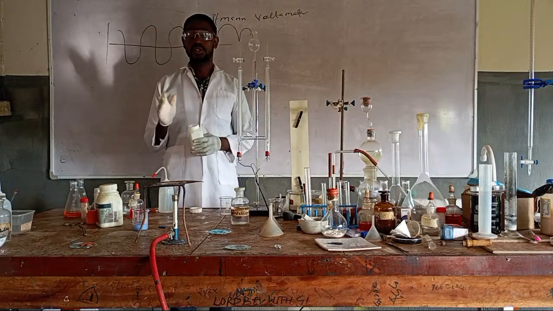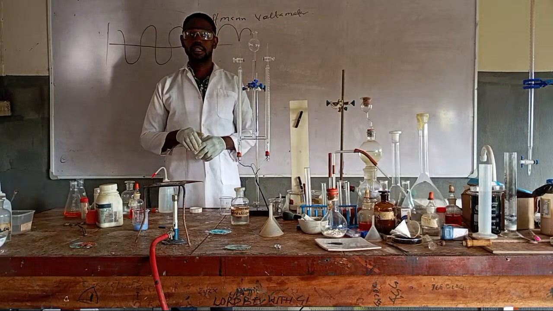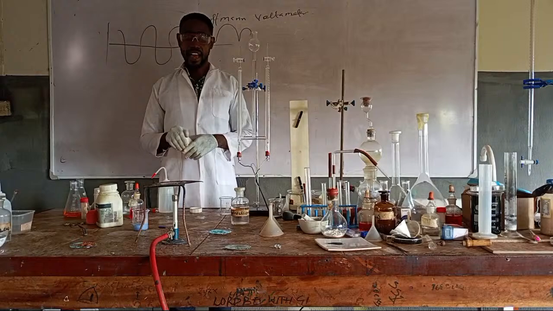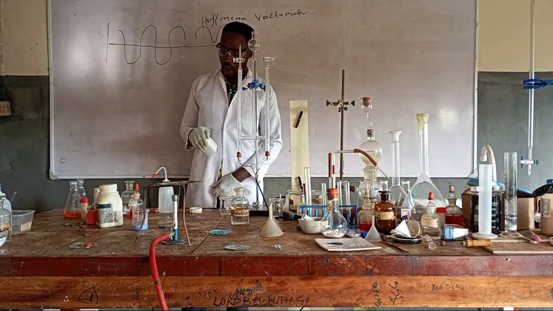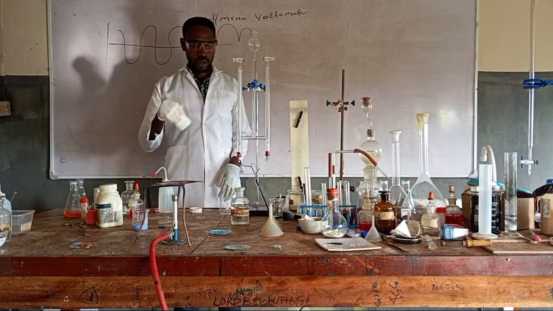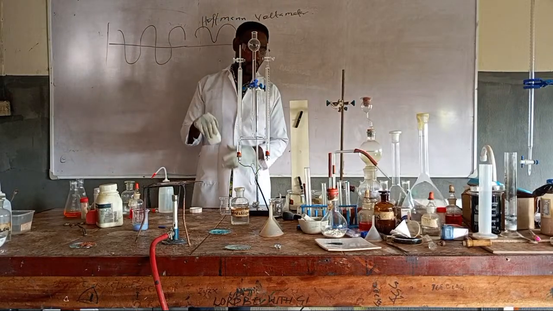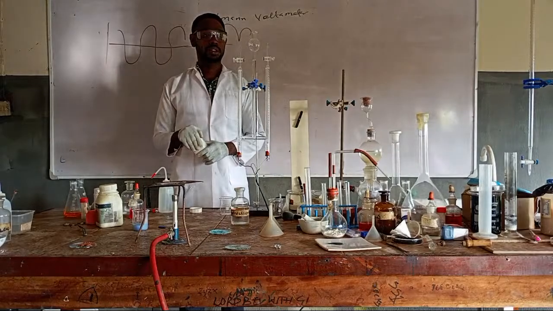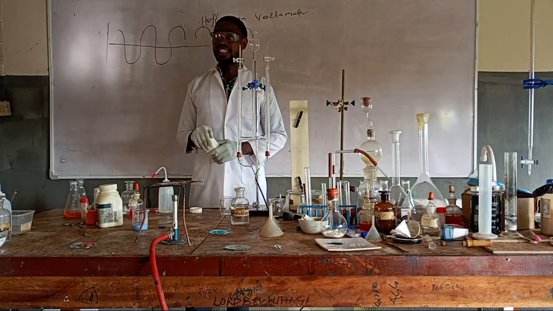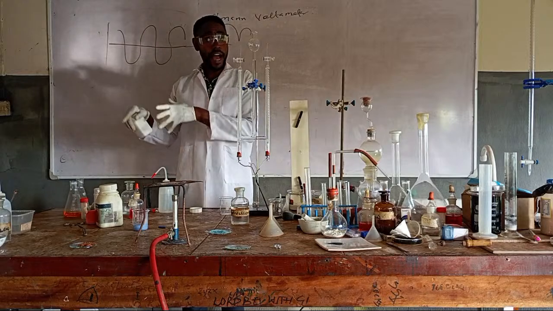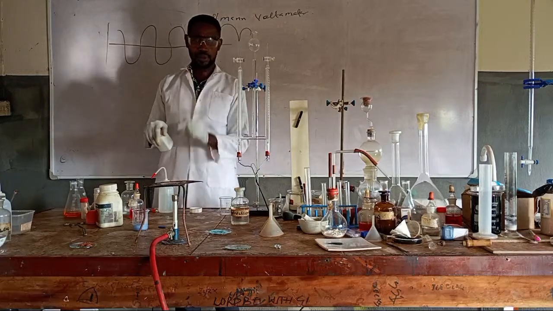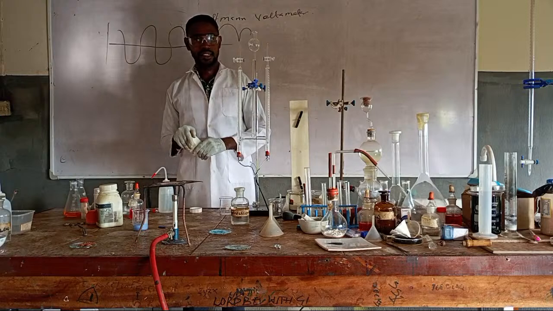We use 2 things to test for water. Anhydrous copper 2 sulfate, which I've shown you, or anhydrous cobalt 2 chloride. What's the color of cobalt 2 chloride? Pink. That's the hydrated one, but without water it is blue. But in copper, with water it is blue, but without water it's white.